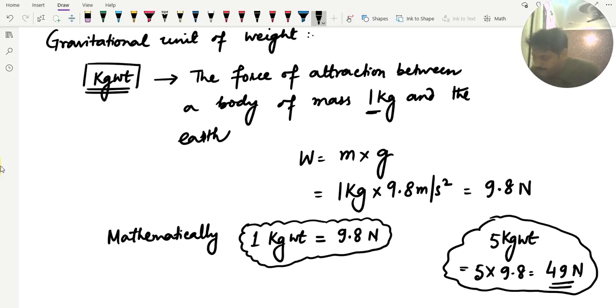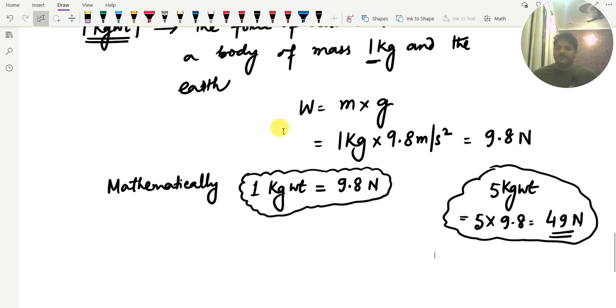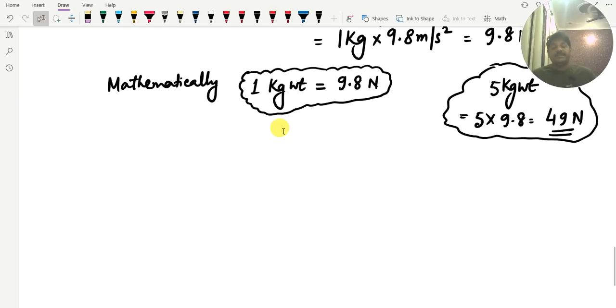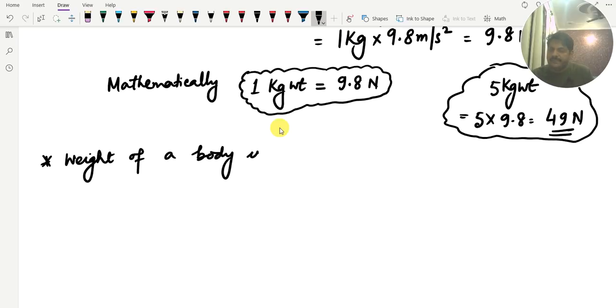Okay, so this is about weight of the body, and when g is equal to 0, then weight of the body would be equal to 0. Now another very important thing, a common thing which you have to remember: weight of a body is measured using a spring balance.